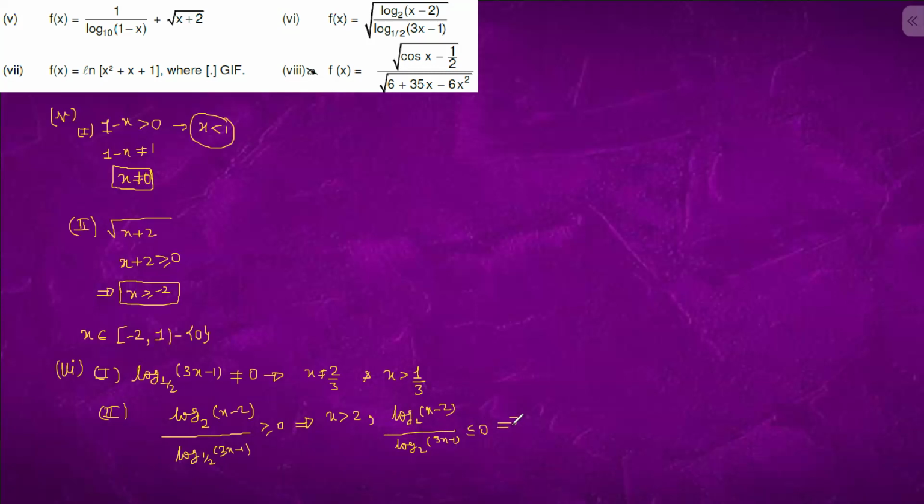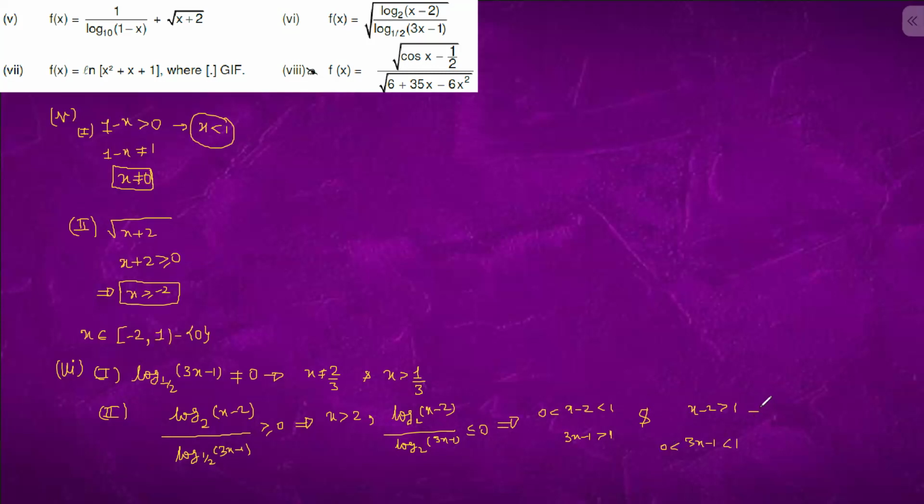So from here, if x minus 2 is less than 1 and bigger than 0, then 3x minus 1 should be bigger than 1. And the second case is x minus 2 bigger than 1 and 3x minus 1 less than 1 and bigger than 0.